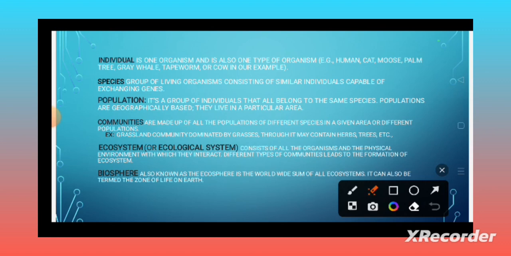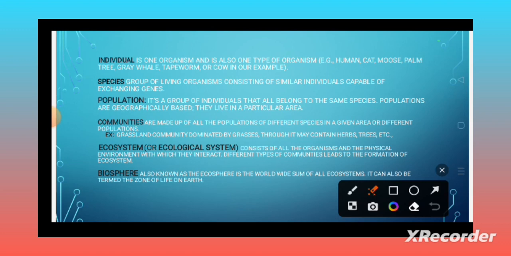A species is a group of living organisms of similar individuals, and they help in exchanging genes between them. And the population is formed from individuals of the same species. They are geographically based and live in a particular area over a specified time.